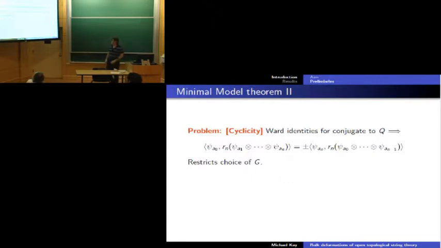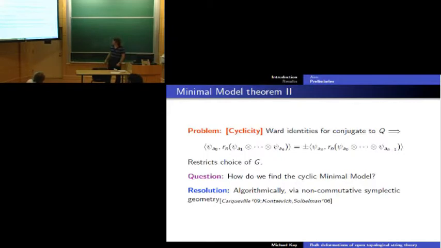The problem is that the A-infinity structure is not the only structure that underlies those amplitudes. There is another global supercharge, the conjugate to Q, the BRST differential, and its corresponding Ward identity tells me that the pairing has to be cyclic with respect to the A-infinity structure. So this restricts the choice of G. Question, how do we find the right cyclic minimal model?